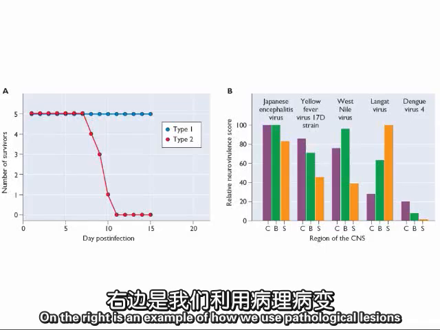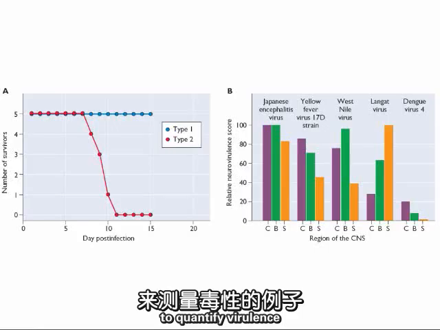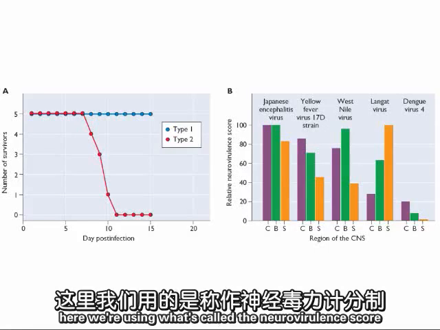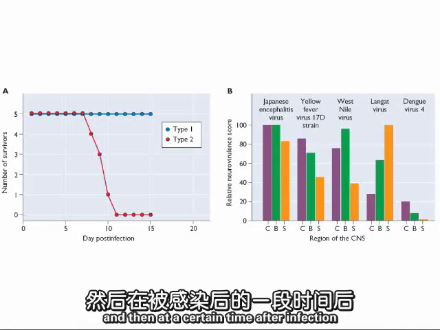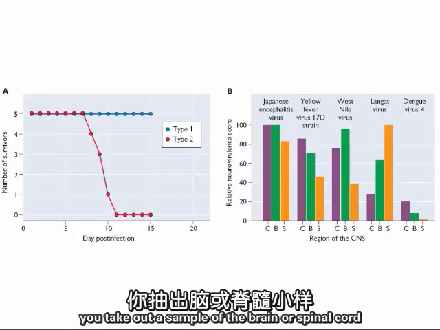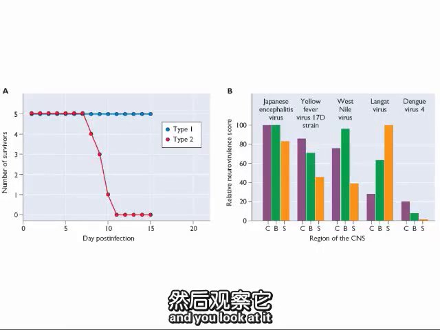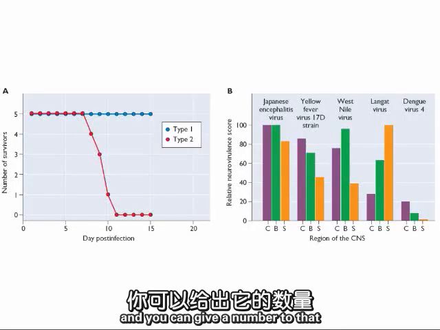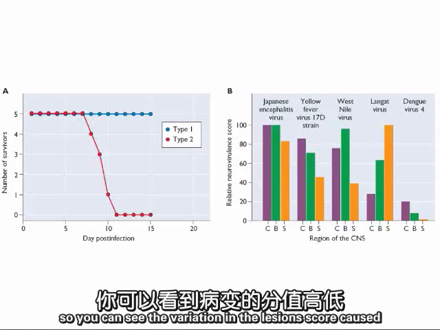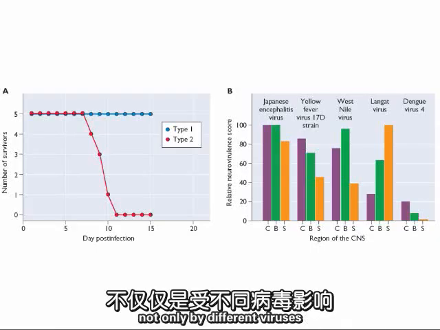On the right is an example of how we use pathological lesions to quantify virulence. Here we're using what's called a neurovirulence score. These mice have been injected with various flaviviruses, and then at a certain time after infection you take out a sample of the brain or spinal cord and you section it and you look at it and count lesions caused by the virus, and you can give a number to that, and that's what's shown here. So you can see the variation in the lesion score caused not only by different viruses.